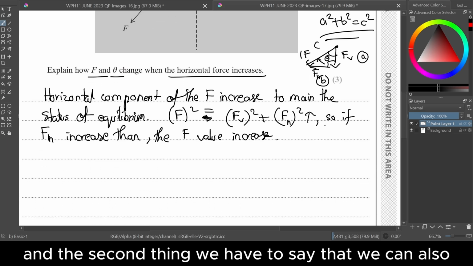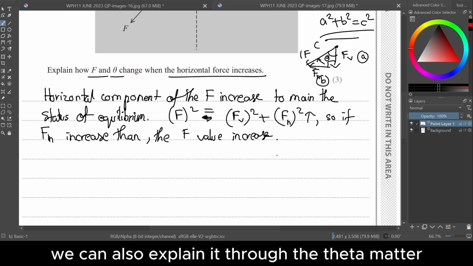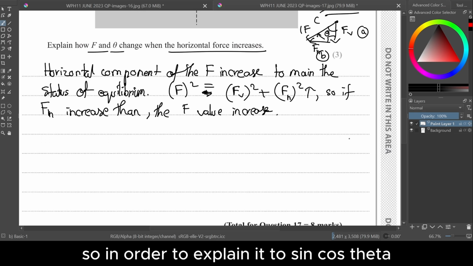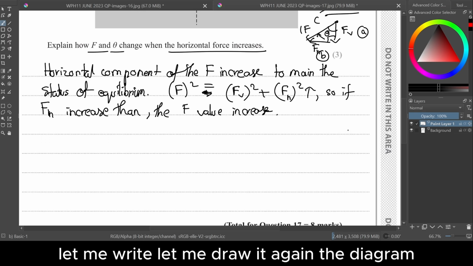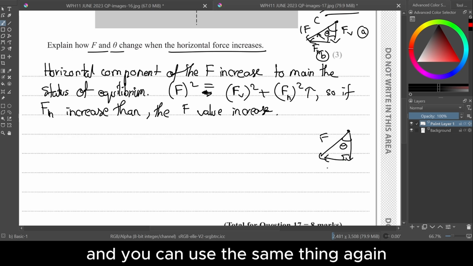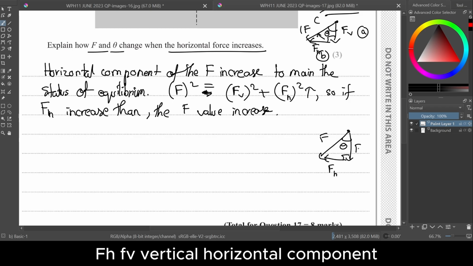And the second thing we have to say, there's a second way as well, we can also explain it through theta, using sine cos tan. So let me draw the diagram again. You have F here, this right angle, theta, and you can use the same thing again, FH and FV, the horizontal and vertical components.